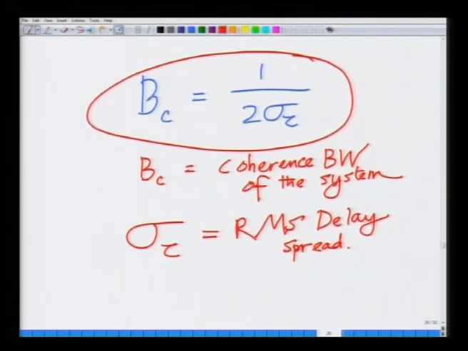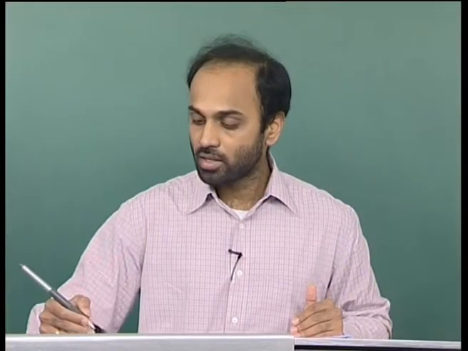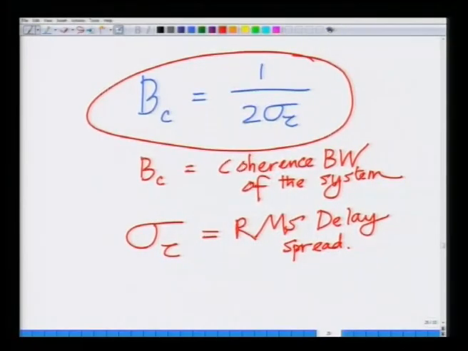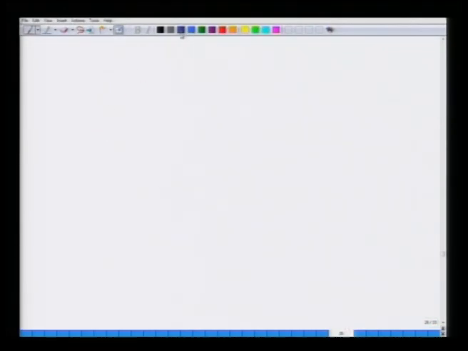We can also look at this intuitively. What this says is essentially that B_c, the coherence bandwidth, is inversely proportional to the delay spread. Let us look at this. In a traditional wired communication channel, we have only a single path, that is an impulse.